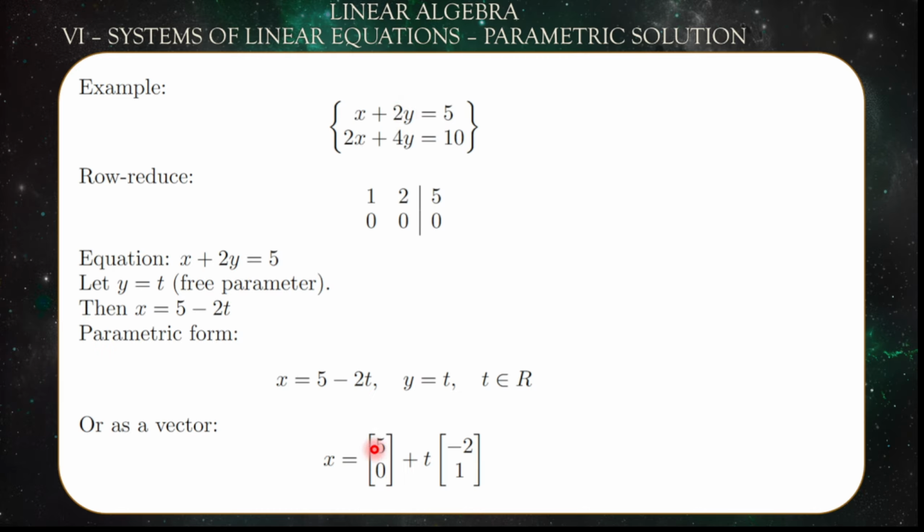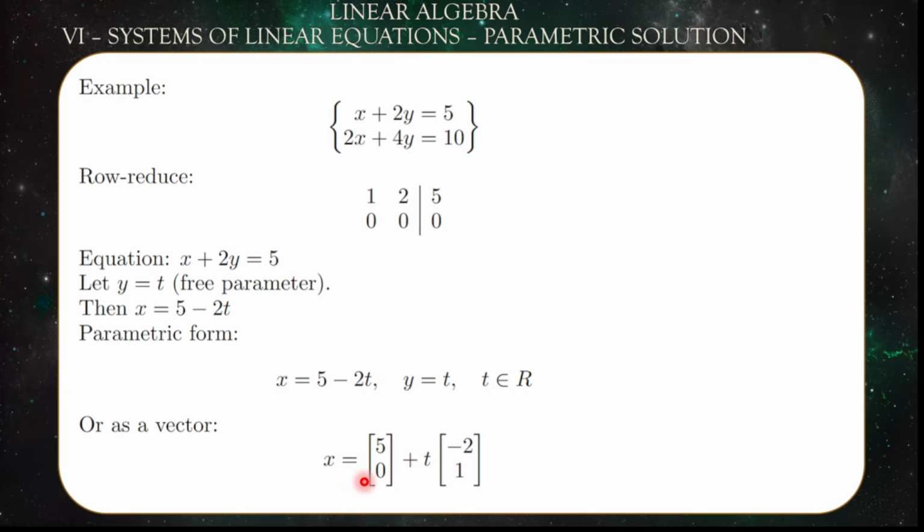So 5 plus t times minus 2. And you have 2x plus 4t equal 10, so 2x equal 10 minus 4t. x is equal to 10 divided by 2 minus 4t divided by 2, or 5 minus 2t.